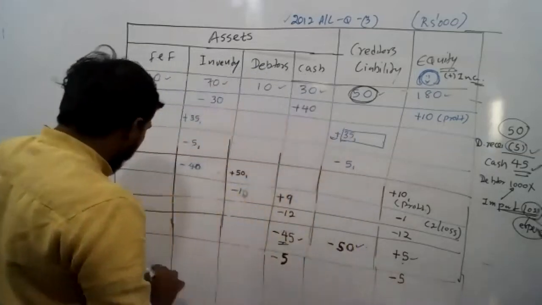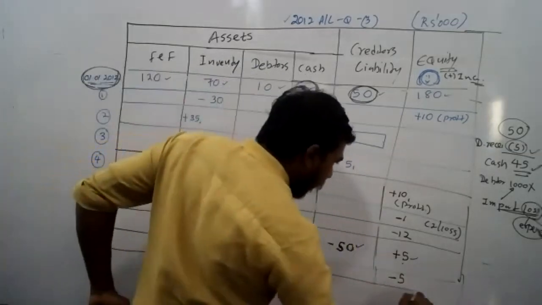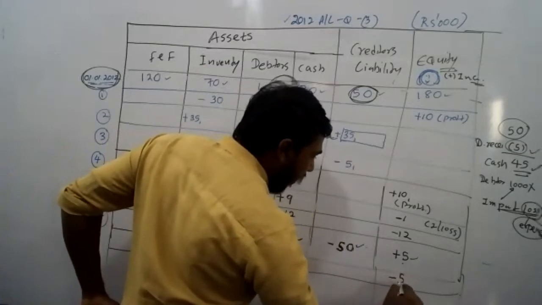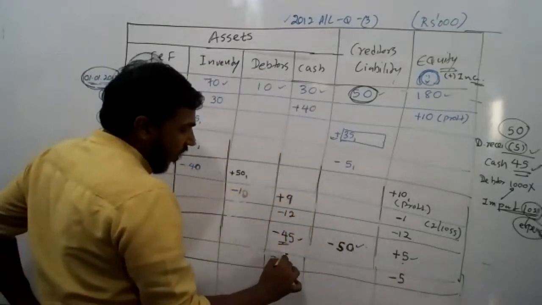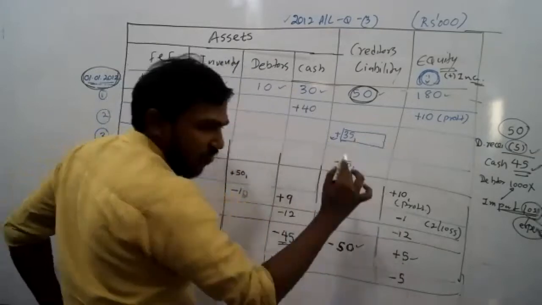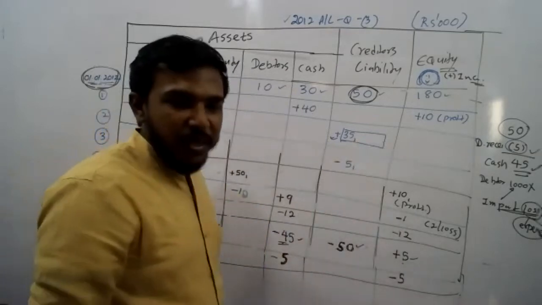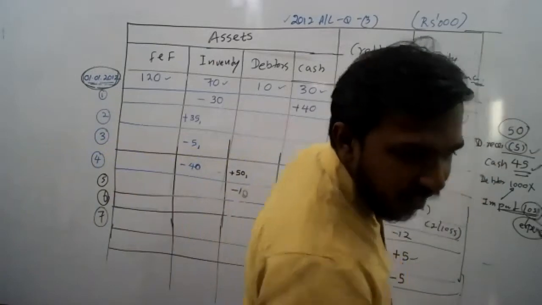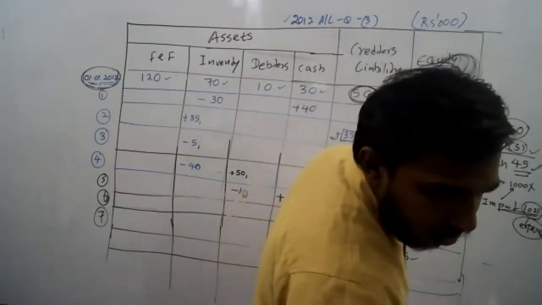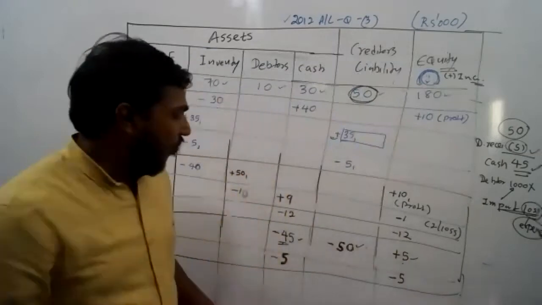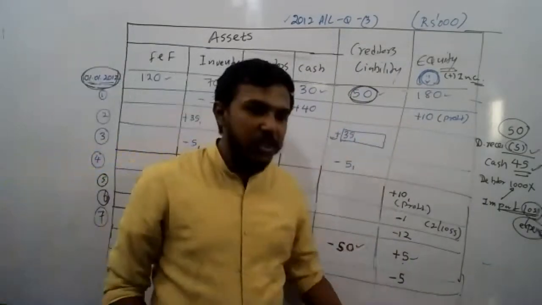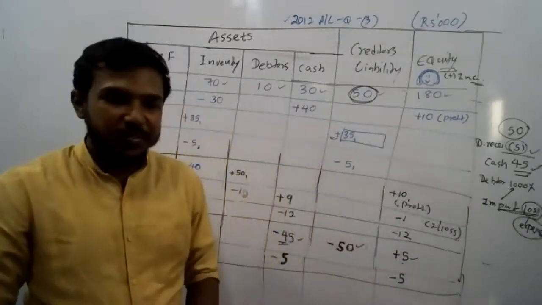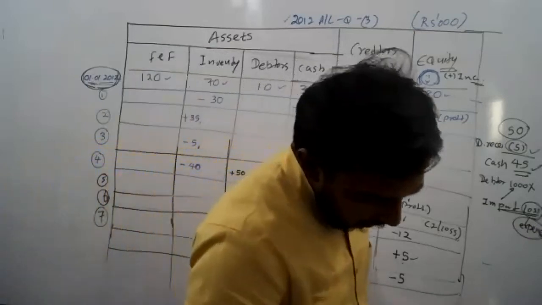Cash decreased by 5, then equity should be decreased by 5. So that's how it comes. Clear? The next one.